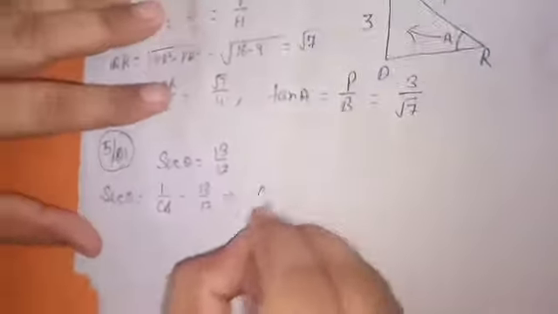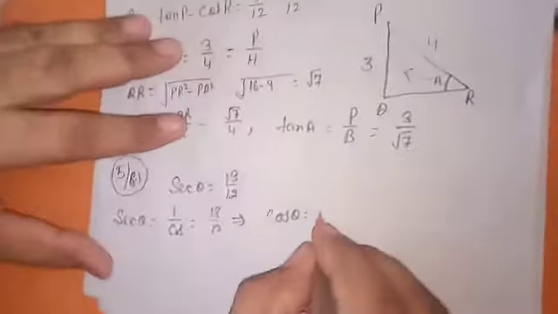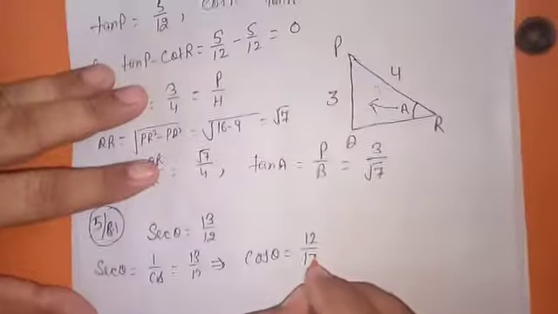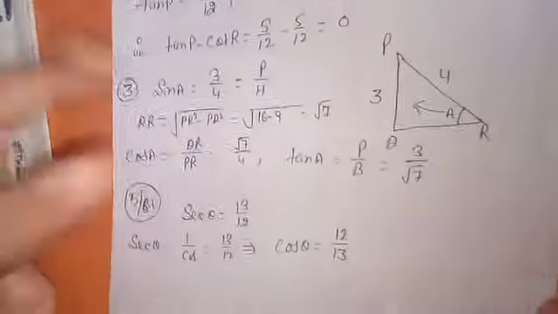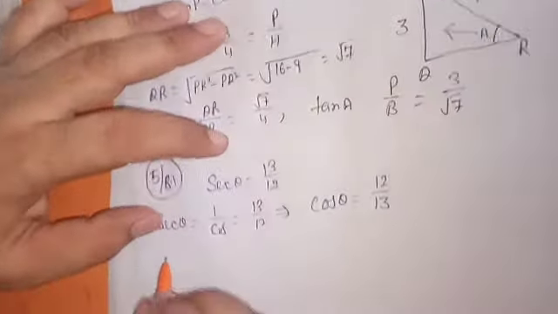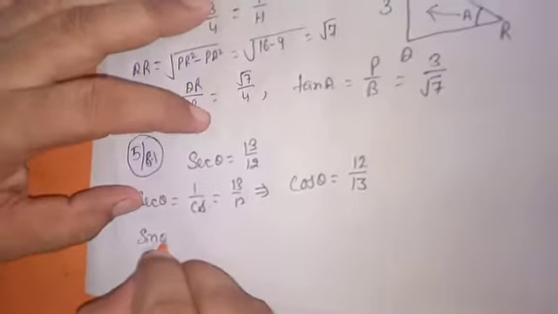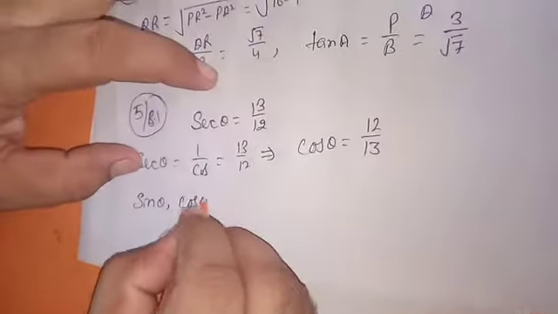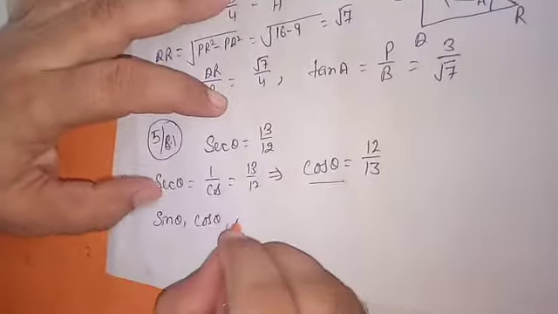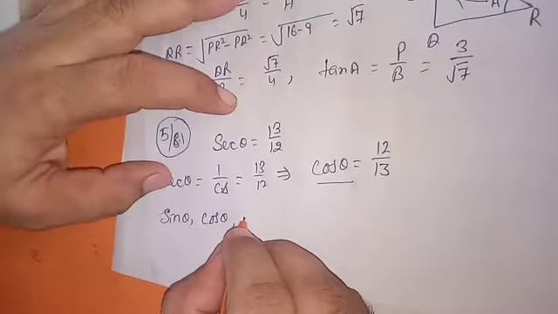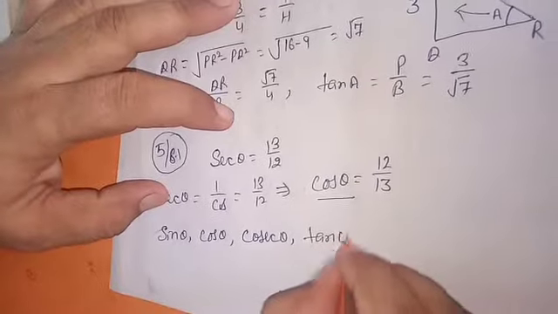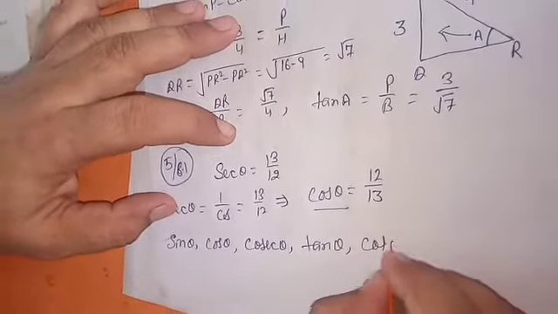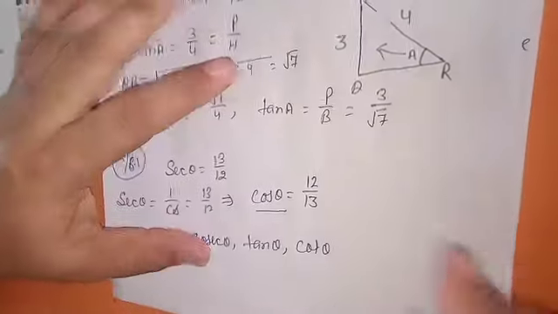This implies cos theta is equal to 12 by 13. Find out all other trigonometric ratios. It means you have to find sin theta, cosecant theta, tangent theta, cotangent theta. So easily you can find out.